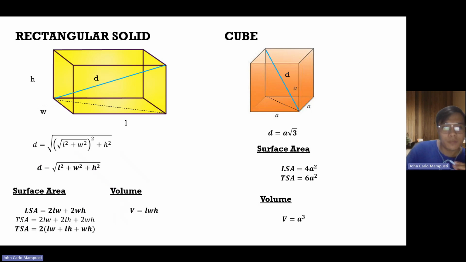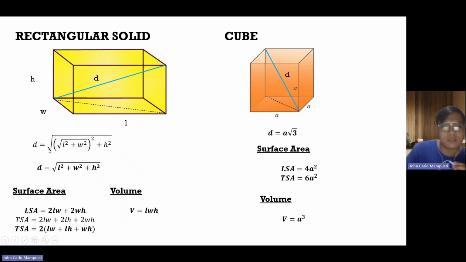So if we're going to get yung hypotenuse nito or yung diagonal nito, okay, and connect it with this one, meron tayo ditong diagonal, no? So yung diagonal natin dito is yung 3D diagonal or yung diagonal ng rectangular solid natin, D.